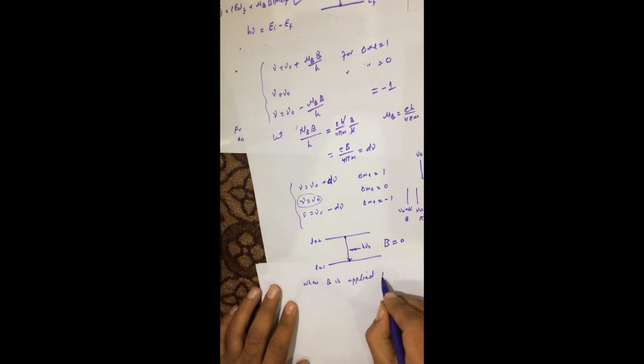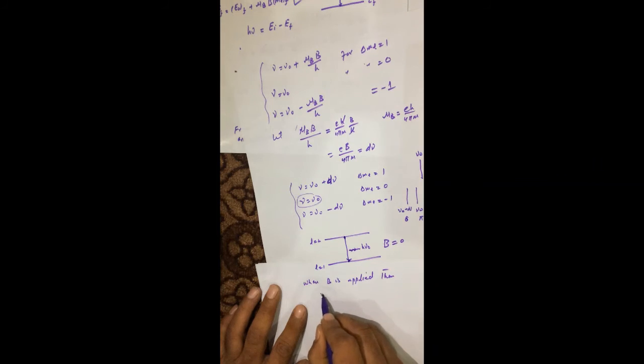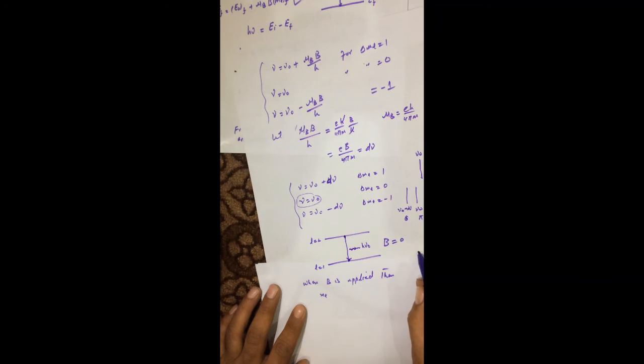then what will happen? Then we have ML values, because the orbital angular momentum now precesses around this magnetic field, and the projection is now ML.